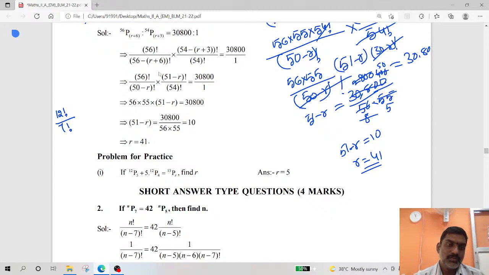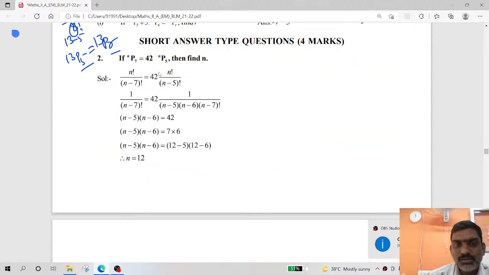Next, plus 5 times 12p4, that is again 12 factorial divided by 12 minus 4, 8 factorial, which is equal to 13pr. Now you can see 12 factorial divided by 7 factorial is nothing but 42. np7 is equal to 42 times np5. Same model question almost.